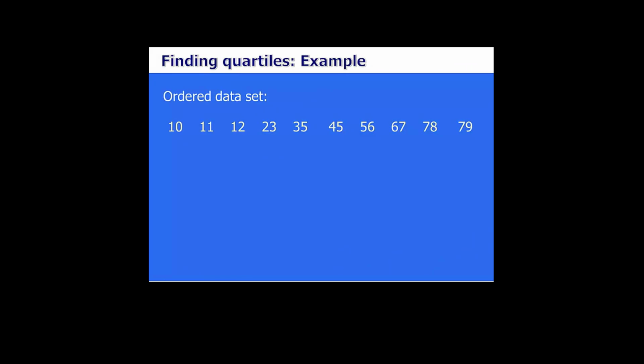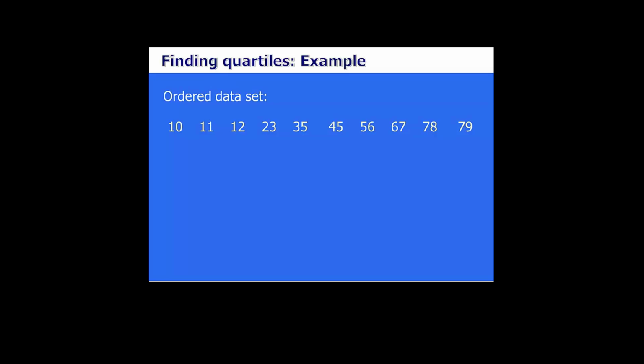Let's work through an example using the 10 numbers displayed here. Step 1 is to arrange these numbers in order, from smallest to largest. Since they are already in numerical order, let's find Q2, which is the median of the entire data set.